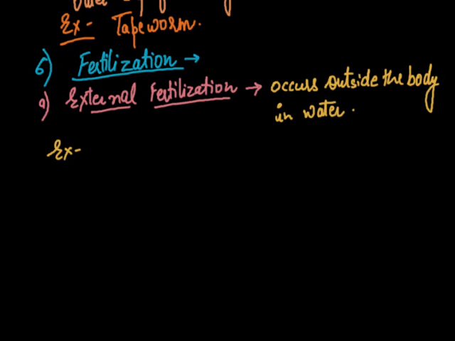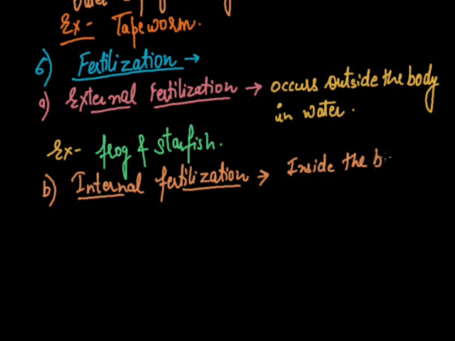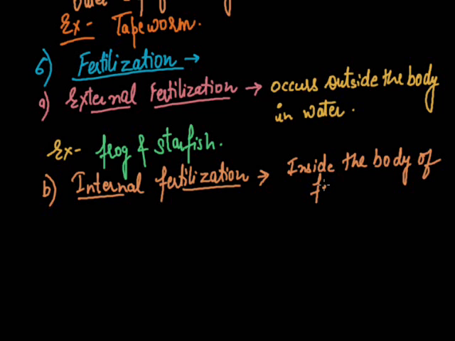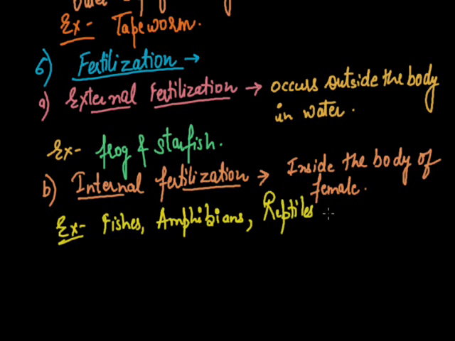The examples of this are frog and starfish. The next is internal fertilization. As the name suggests, it occurs inside the body of the female. The examples of this are fishes, amphibians, reptiles, aves and mammals.